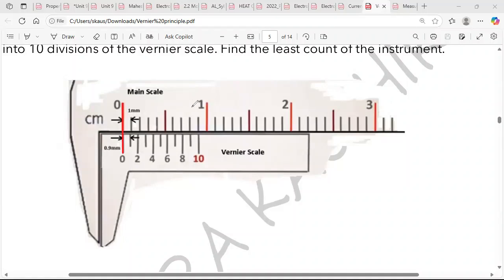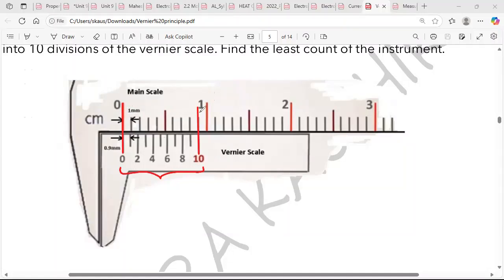Then you can see this much is the Vernier scale, up until 10 divisions. At the 10th division there is a certain main scale division. This is 1 centimeter. You can see this is the main scale least count, that's 1 millimeter.